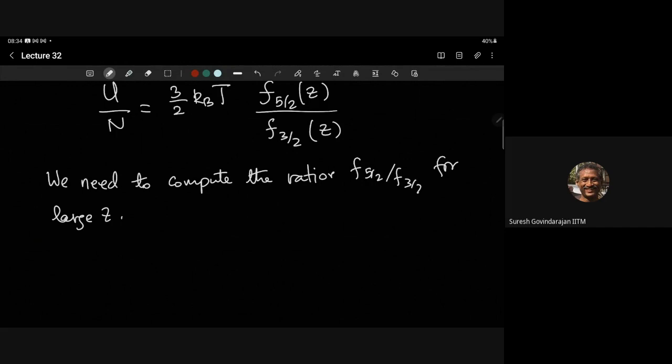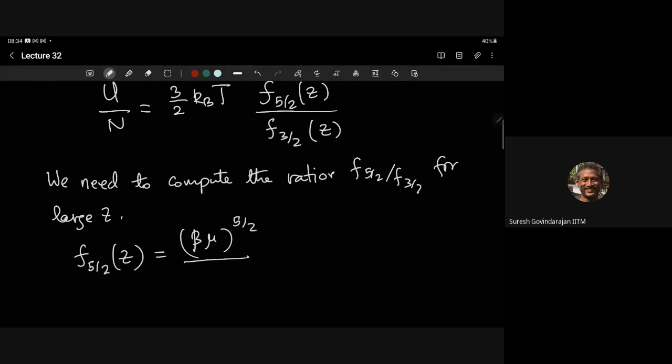Okay, so again, f5 by 2 of Z is equal to the expression somewhere. But life is easier now because we already have solved mu. So we just have to plug in mu and only keep terms up to x square and nothing more.